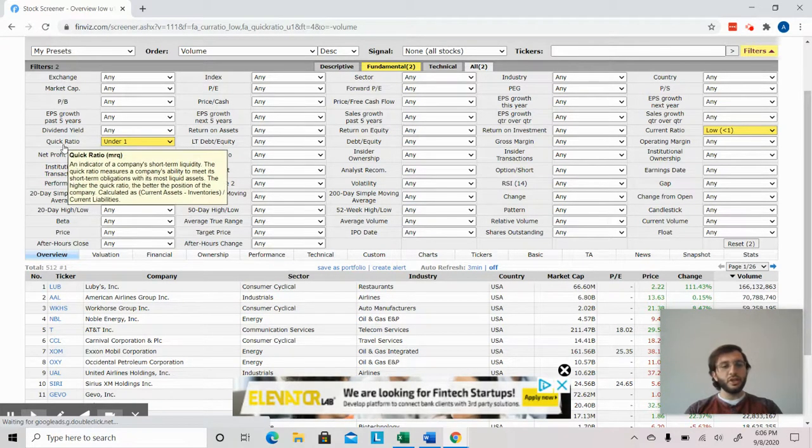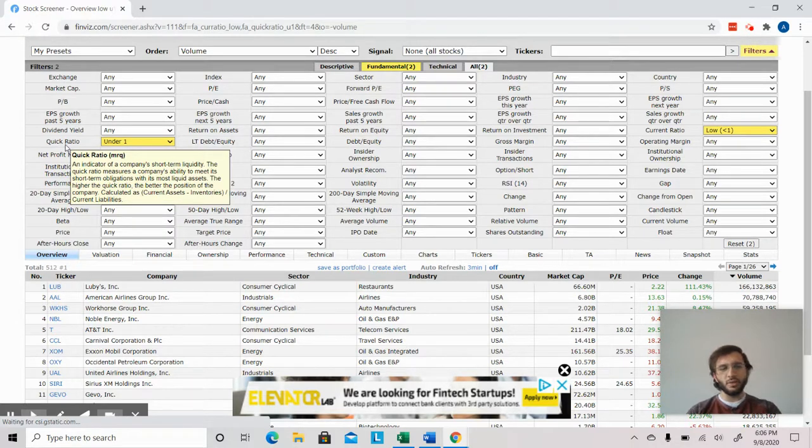For the quick ratio, it's a little bit more exclusive in that it excludes certain assets from the current asset calculation. Everybody has kind of a different definition here. It basically just says current assets minus inventories. In other cases, you might see where the quick ratio only includes cash, investments, as well as accounts receivable, because those three items are the easiest to make liquid and turn into cash.